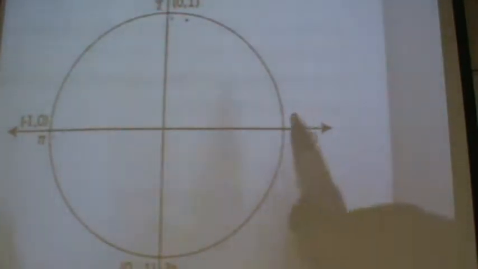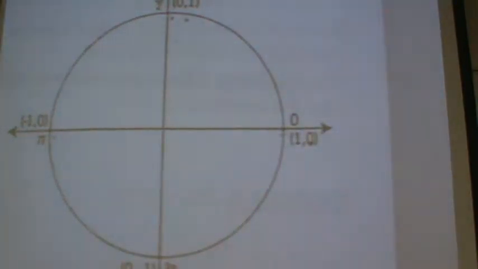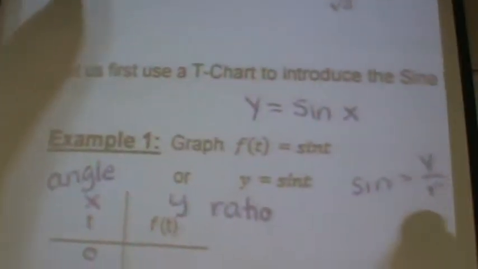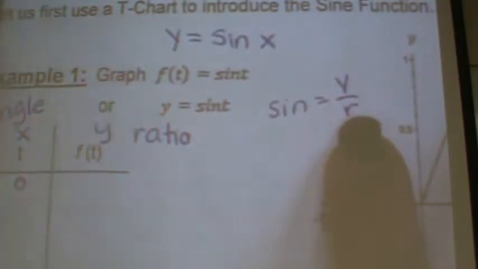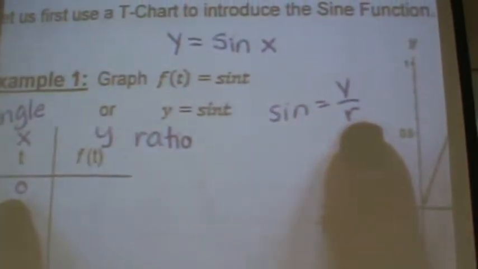I'm talking about right here. Here's 0, here's pi over 2, pi, 3 pi over 2, and 2 pi. So at these 5 spots, can you tell me what the definition of sine is again? It's y over r, and remember r is always 1. So at 0 radians, what's the y value right here? 0 over 1 is 0.